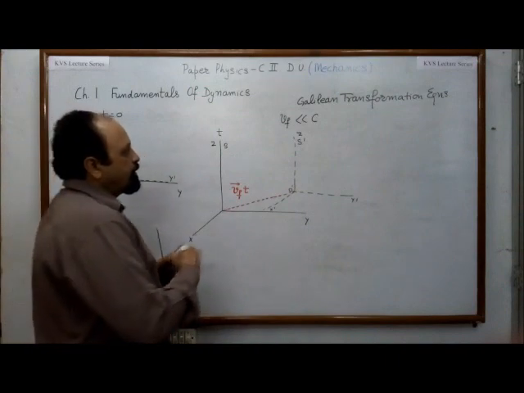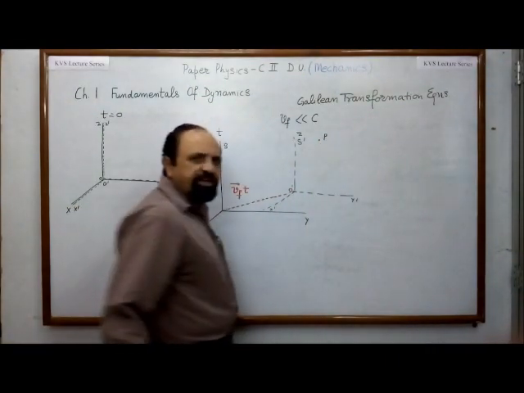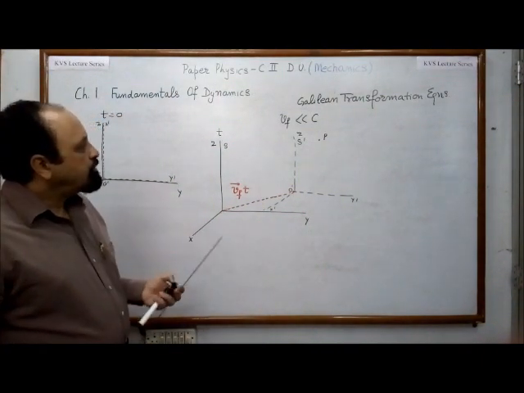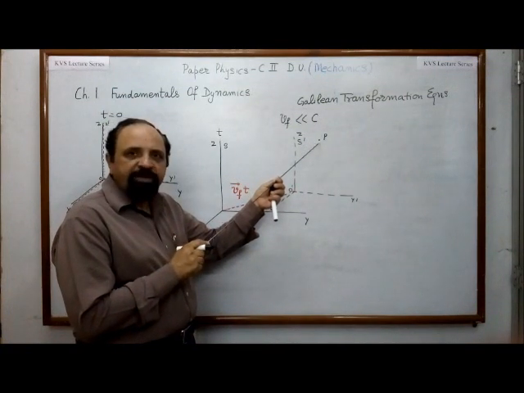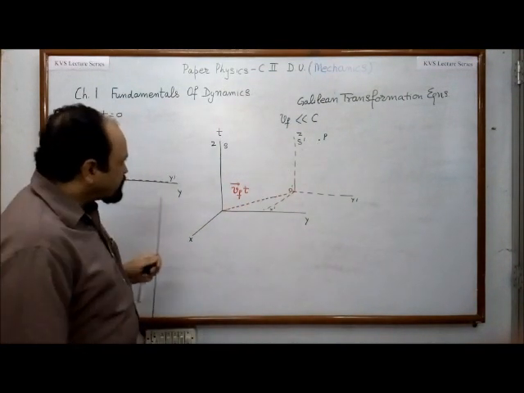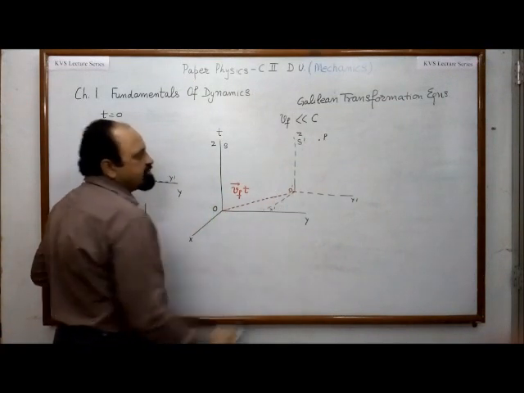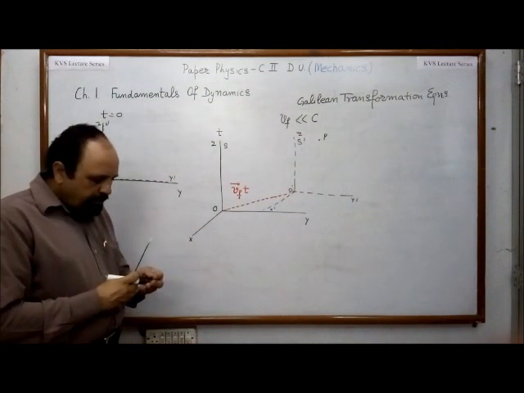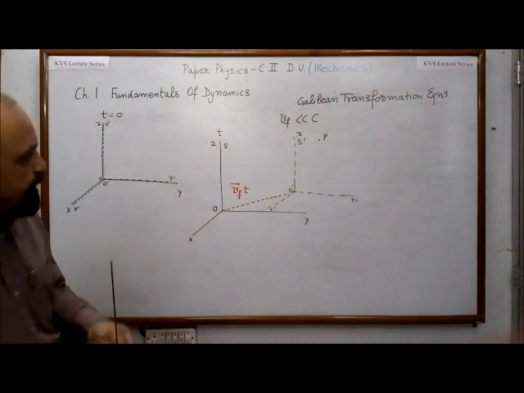Let's take now a point P in space somewhere. Now we are supposed to give the position of this point P both with respect to O as well as with respect to O'. In order to do this, we have to talk about the position vector.